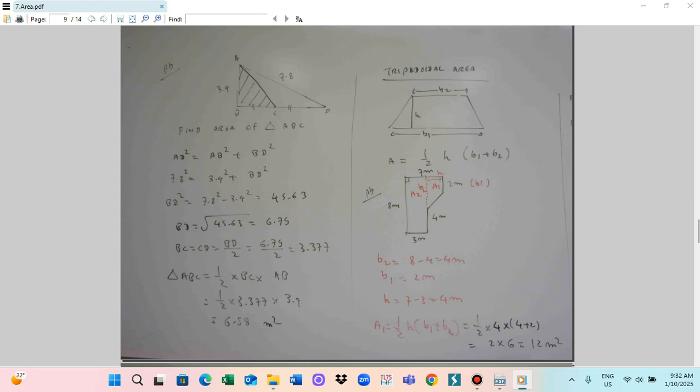So BC is 3.377 and AD is 3.9. Multiply 3.377 by 3.9 and divide by 2, and you get 6.58 meter square. So this is the answer.